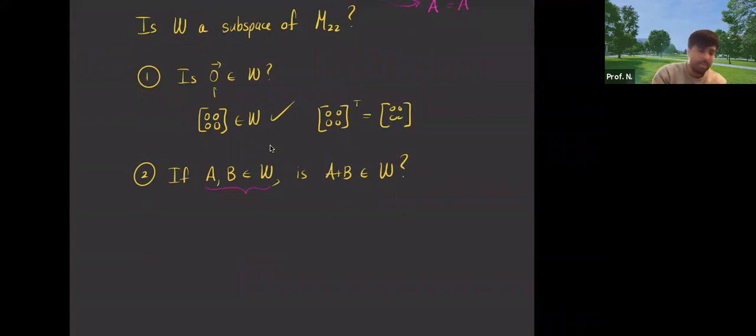If A and B are in W, then A transpose equals A, and B transpose equals B. The question is not whether this is true; this is already true. The question is, does A plus B transpose equal A plus B? If you say yes, prove it. If you say no, give me a reason why.